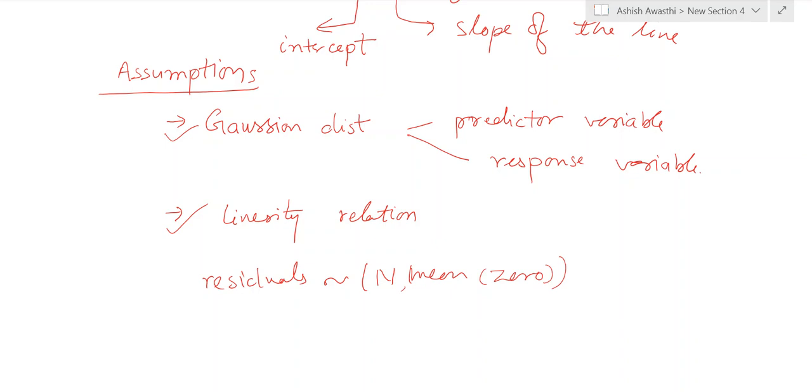So if all the assumptions are met and residuals follow a normal distribution, a regression line can be thought of as joining the mean values of y for each value of x.